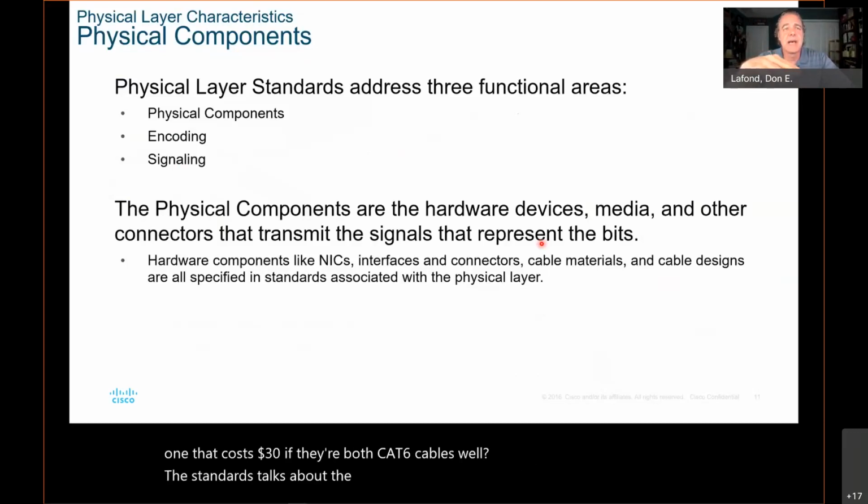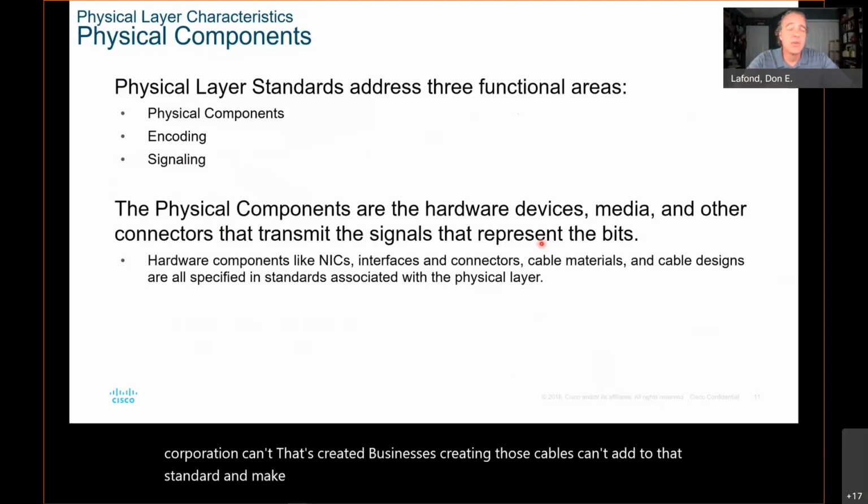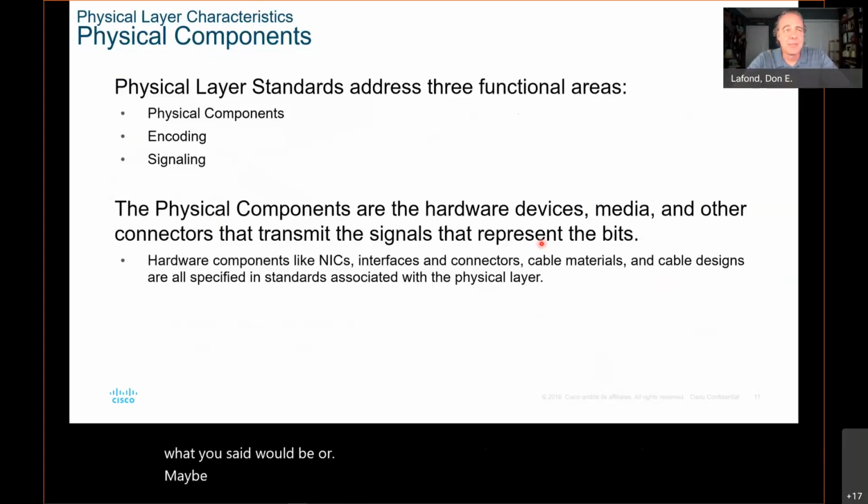Well, the standard talks about the minimum standard. It doesn't mean that the corporation that's creating those cables can't add to that standard and make the cable better. Maybe gold-plated connectors, or I don't know what use that would be, or maybe rubber connectors that protect the RJ45 cable from having a loose connection to the cable itself.